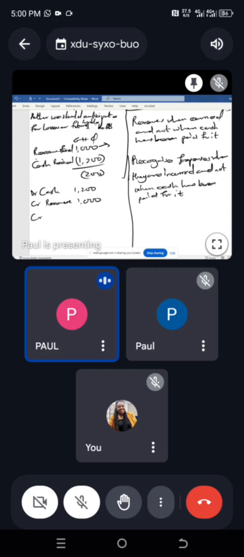But the remaining 200 is never revenue, so we treat it as a liability. Do you know what a liability is? It's debt, and it is a current liability. It means that this 200, the owner will definitely account for it.